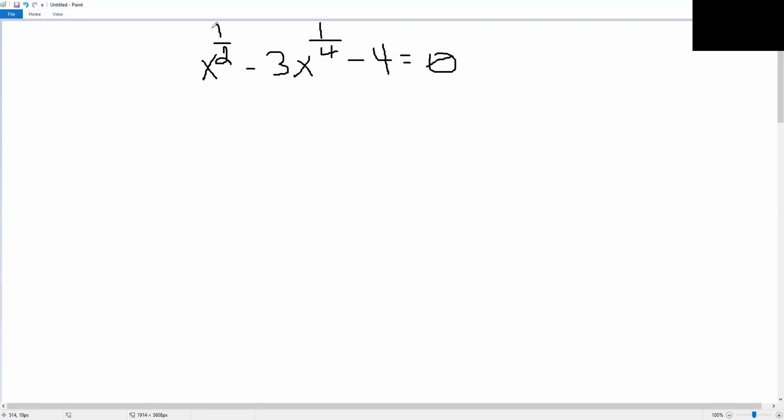Now don't be intimidated by the fractions above here. What we need to do is figure out what u is going to be, because we're going to substitute these for u so it's easier for us to process. Now we know this one needs to be squared, right?